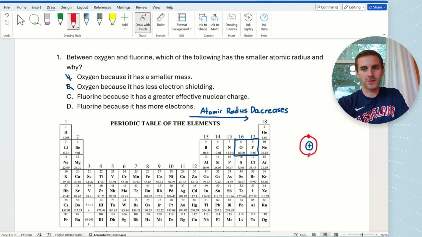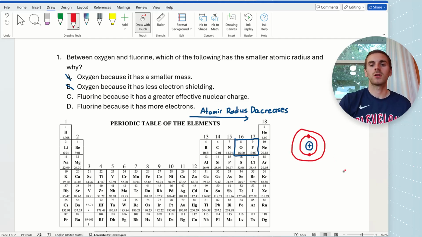And I know the Bohr model is not totally accurate, but it is sufficient for explaining the trend in atomic radius. Okay, so then, if we want to draw the Bohr model we'll just start with oxygen. It's got 6 valence electrons.